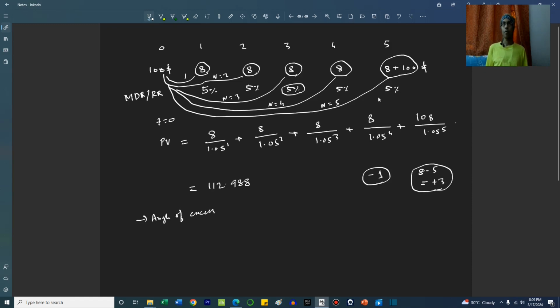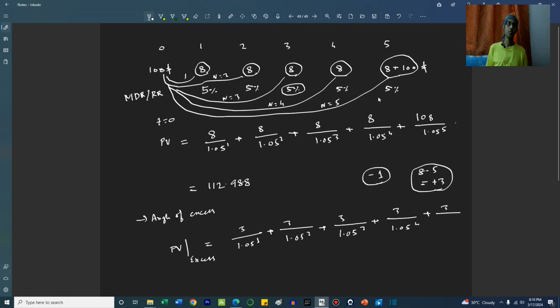So from the angle of excess, the present value of the excess is 3 divided by 1.05 to the power 1 plus 3 divided by 1.05 to the power 2 plus 3 divided by 1.05 to the power 3 plus to the power 4 plus to the power 5.